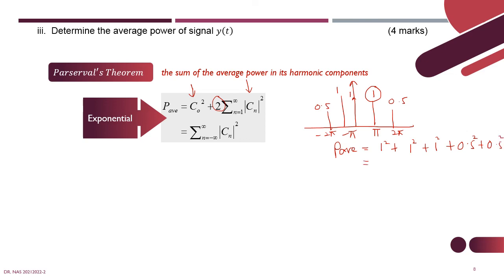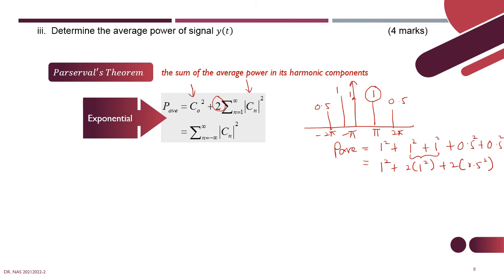So this is equivalent to C naught squared plus, if you see that, you have when n equal to 1, positive pi and negative pi, so it's 2 times 1 squared plus 2 times 0.5 squared. So it's the same thing. Okay, so this is to simplify the equation.